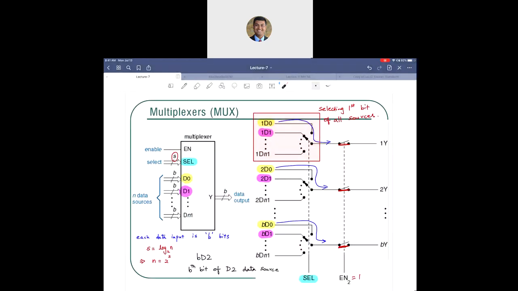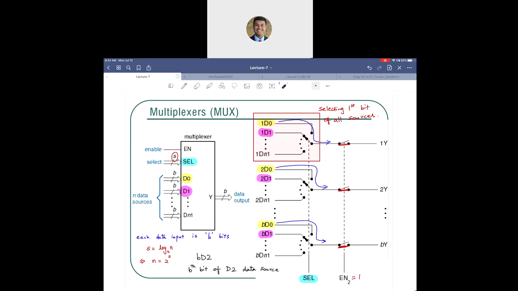So as you can see, this was the same diagram where you have the number of switches 1, 2, so on up to B. What is that B? B is each data input is B bits. So in our case, if you have 4 bits, you would have 4 of these, 1, 2, 3, 4, and they would have 26 positions.